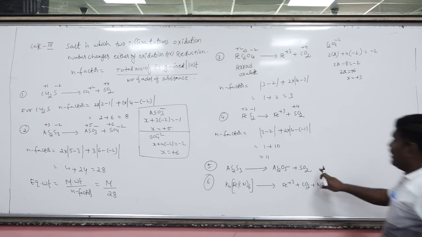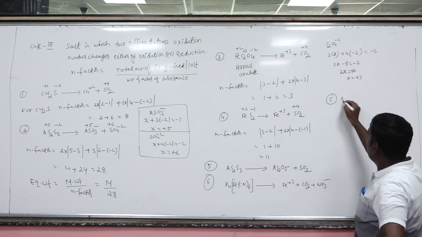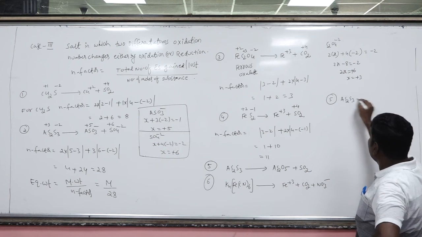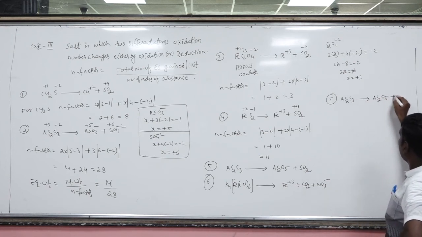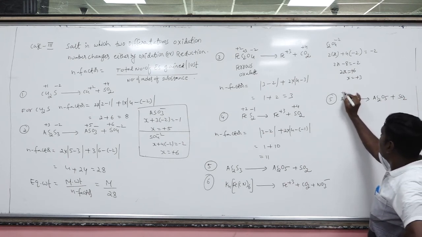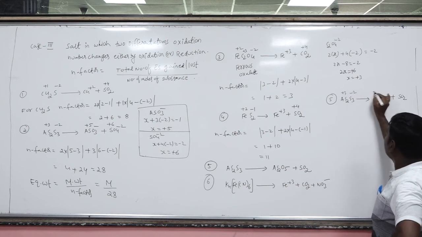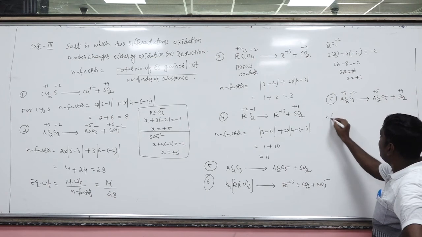Now, fifth question. As2S3 converted into As2O5 plus SO2. Again, arsenic plus 3, sulfur minus 2, arsenic here plus 5, sulfur here plus 4. Now what is the N factor here?